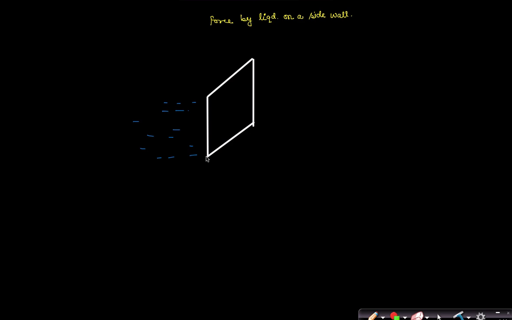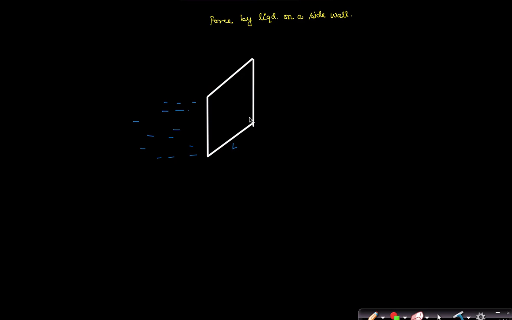Now, unlike the force on the base that we did only by multiplying pressure into area, where the pressures were the same at the base. At a depth h, the pressures are the same at the same horizontal level, but here the pressure is not the same at the same level. Everywhere on this area the pressure is not the same.